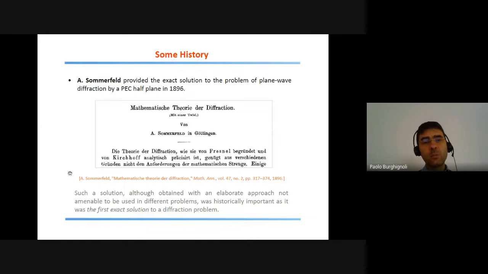Now, Sommerfeld obtained his solution with a mathematically elaborate method, which was quite involved, and it was not particularly suitable for addressing different kinds of problems. However, it was historically very important, providing the first exact solution to a diffraction problem, in particular the problem of a perfectly conducting half plane.